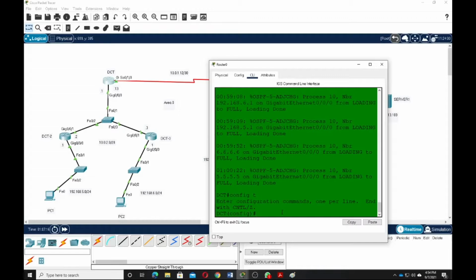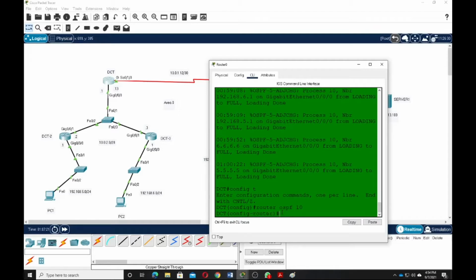Config the router OSPF 10, IP OSPF priority 255, the highest priority. Oh, sorry.